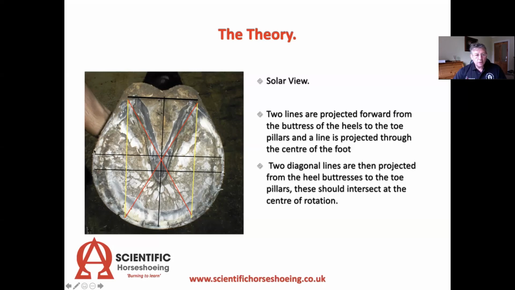So it allows us to assess in geometric proportion to each other different aspects of the foot. So we can assess the left side with the right side through the center. We can assess the radius of each part of the toe and quarters with the opposite toe quarter so that we get a symmetrical structure when we're dressing the foot.